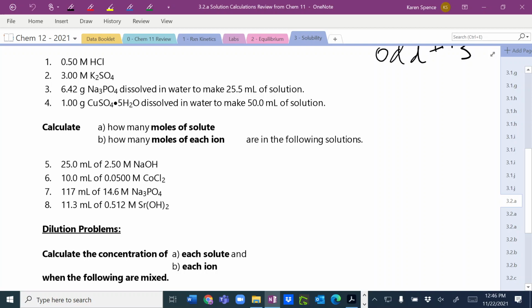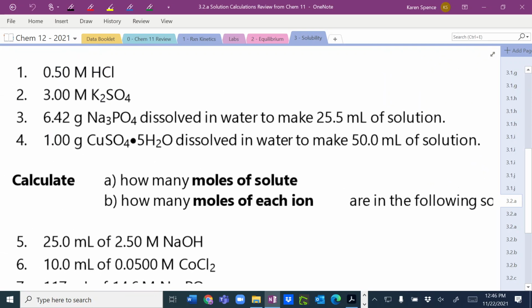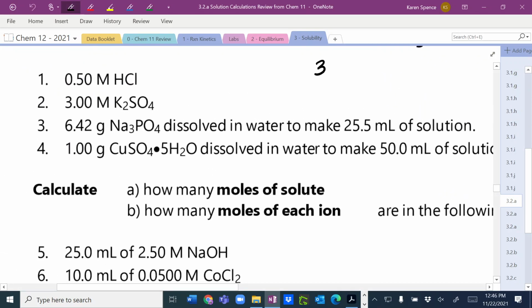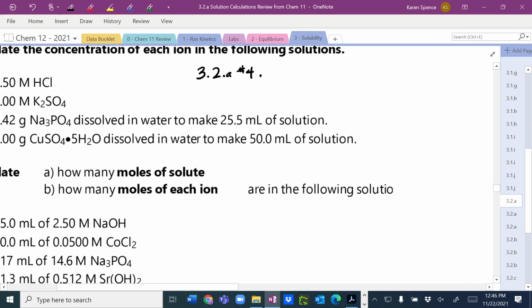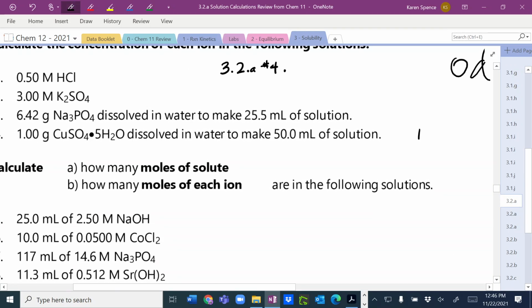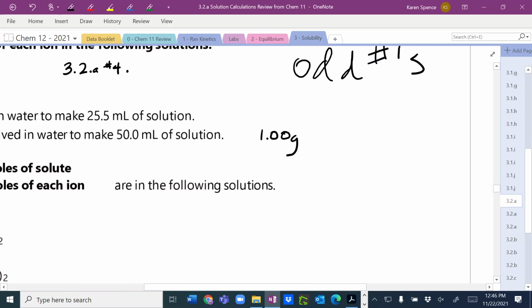Okay, so we have number 4. This is 3.2a. Number 4. And we have 1 gram of copper sulfate pentahydrate, dissolved to make 50 milliliters of solution. And we want to know the ion concentrations, yes?